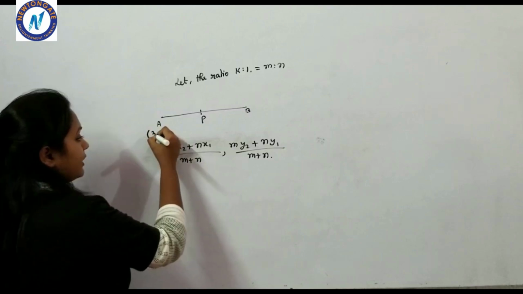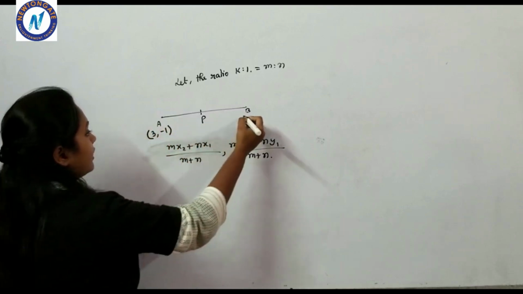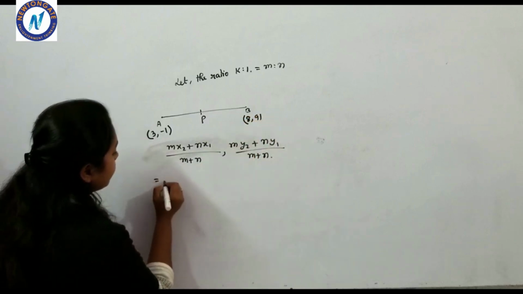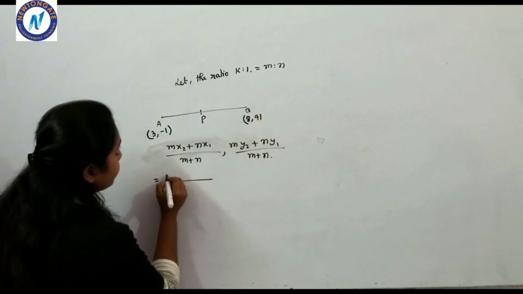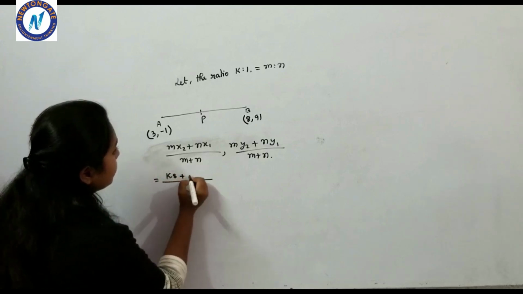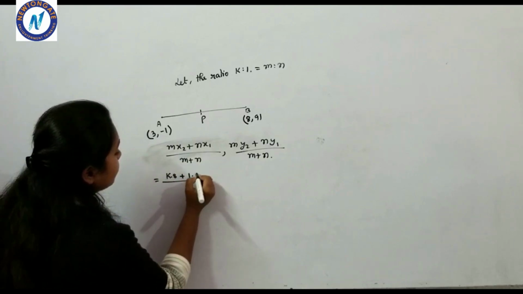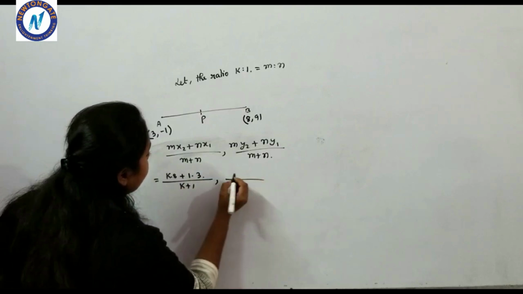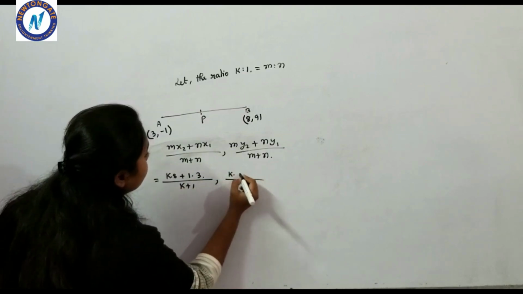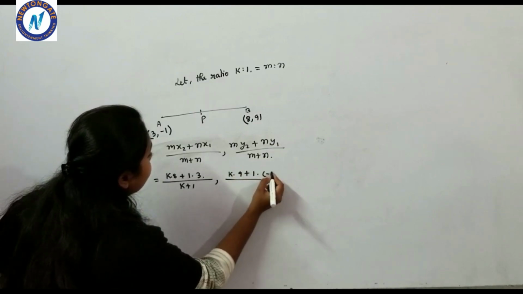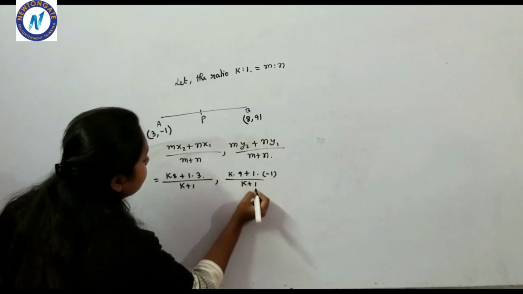Here the coordinate of A is (3, minus 1) and the coordinate of B is (8, 9). Then the coordinate of P: m means k into x2 8, plus n means 1, x1 means 3, over k plus 1, comma, m means k, y2 means 9, plus n means 1, y1 means minus 1, over k plus 1.